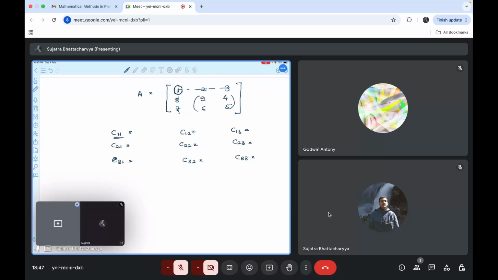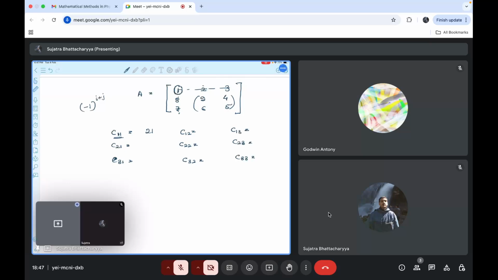So it will be 45 minus 24, that is 21. Along with this, check the part minus 1 to the power i plus j. Here i is 1, j is also 1.